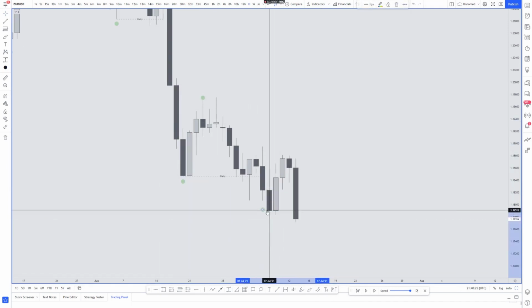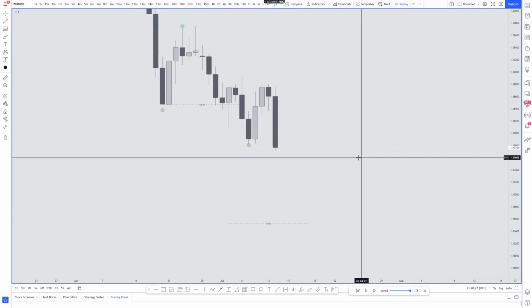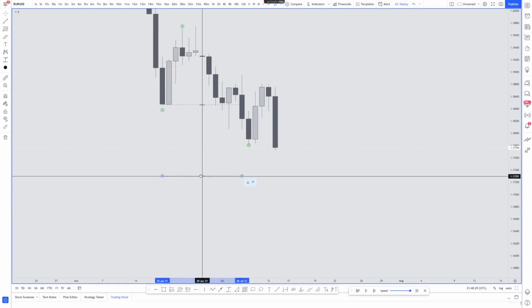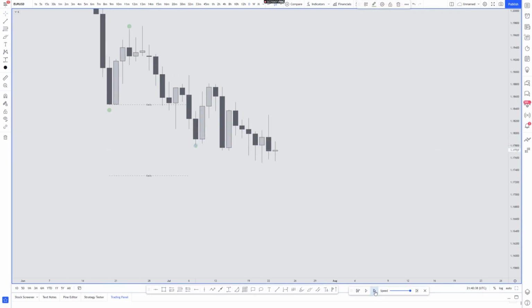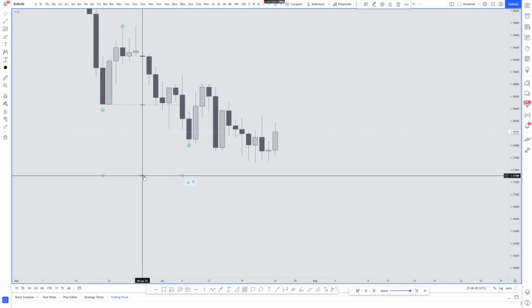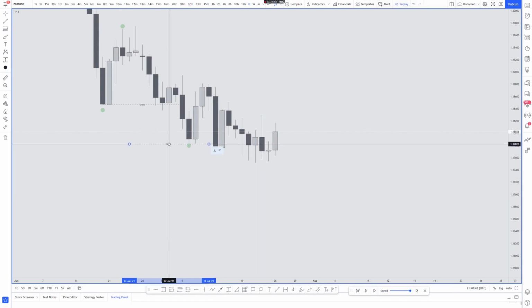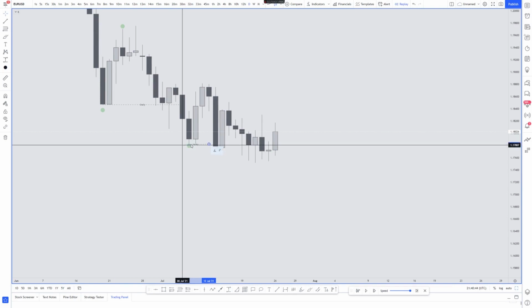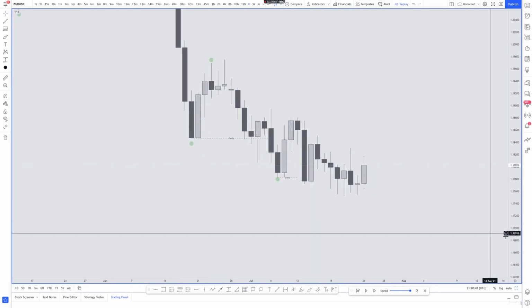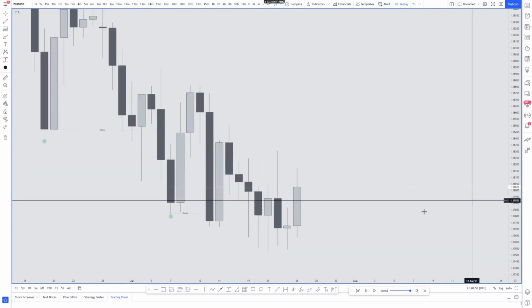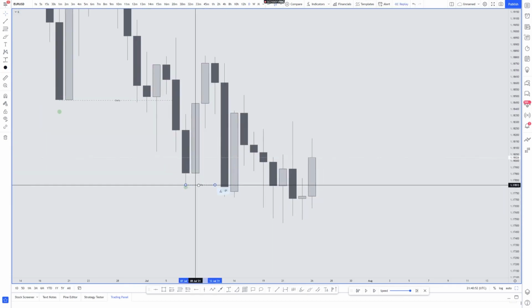So we have a new low, and here we have our pullback as we make new structure. Let's just see where this impulse ends. So this is one of those structure moments where I told you sometimes it's going to barely break it. If it breaks it with a candle body, it becomes structure. So I'm just going to zoom in, make sure everybody sees what I consider structure break.